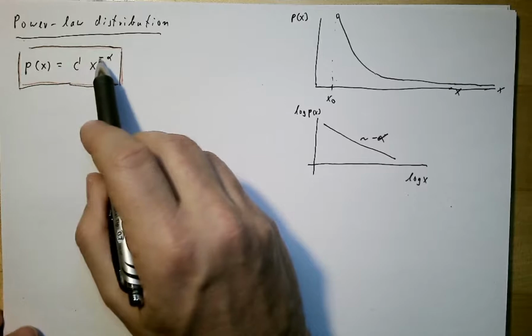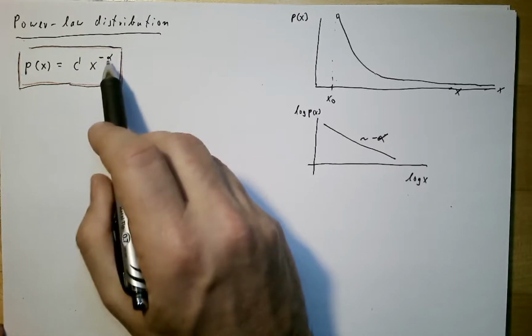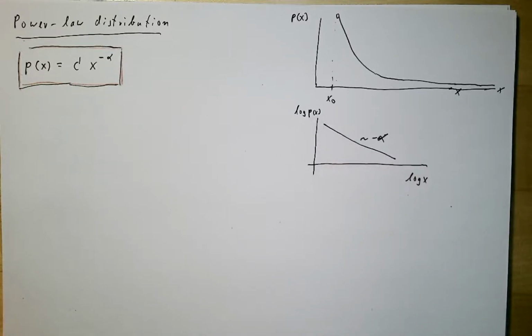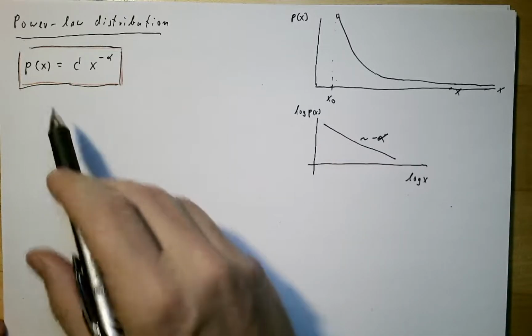We take this negative sign out, so alpha is a positive constant, but the function is decaying.